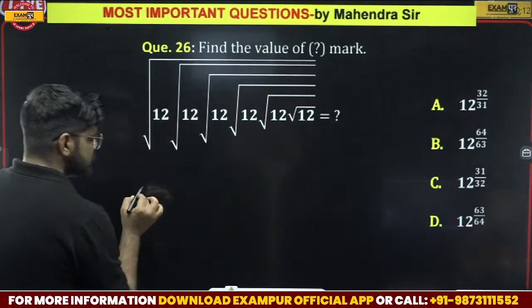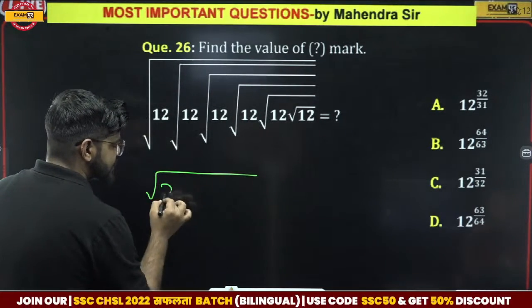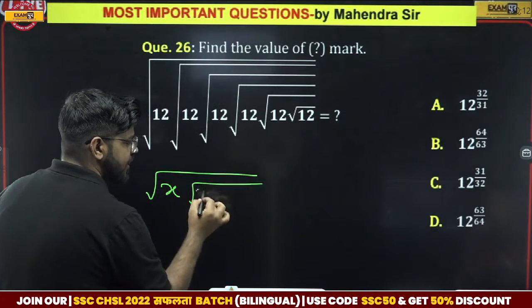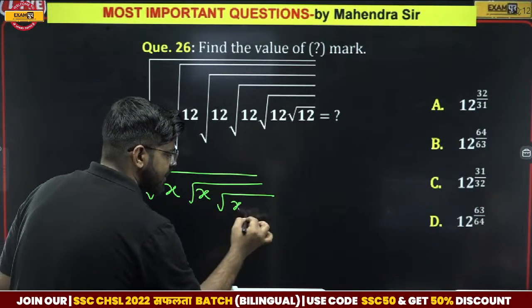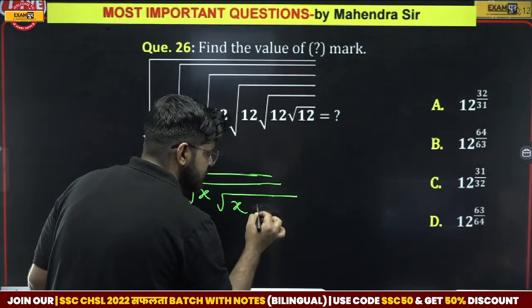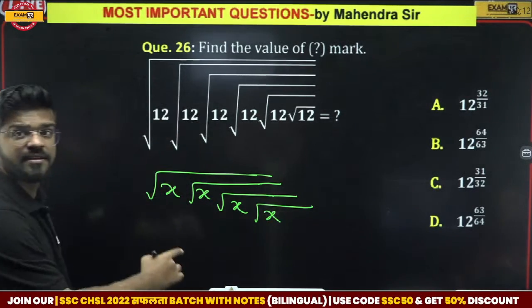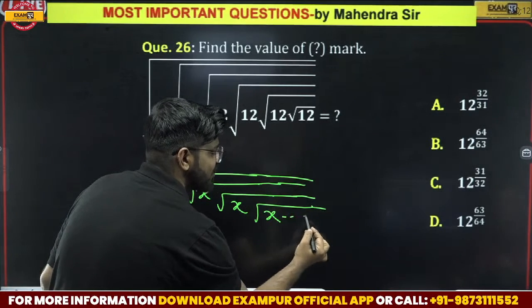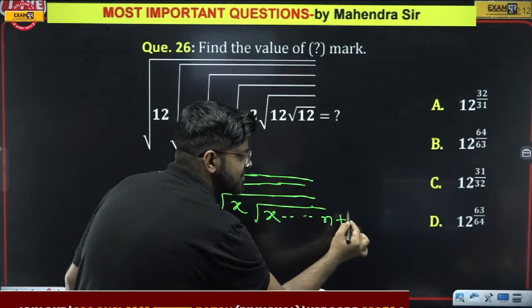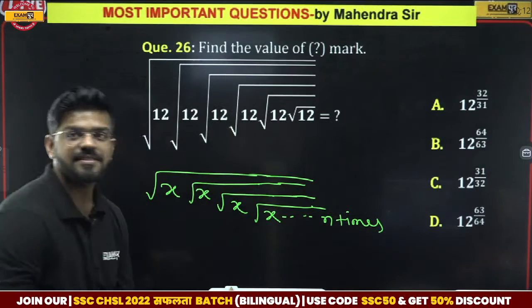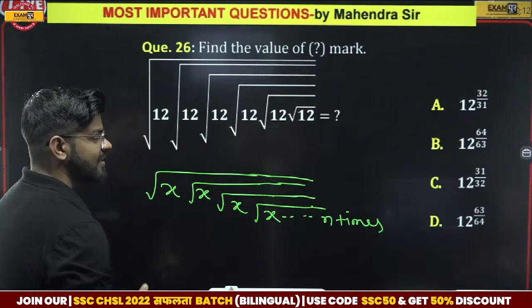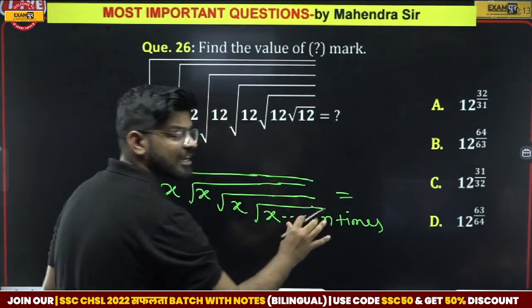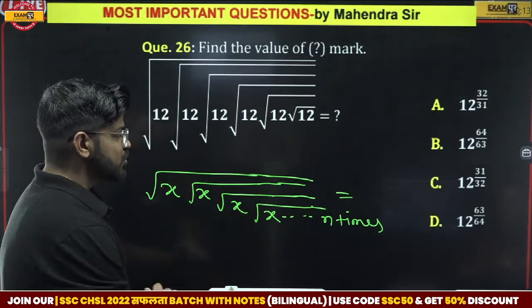So if X, and this is n times, there are n times X. That means limited times.